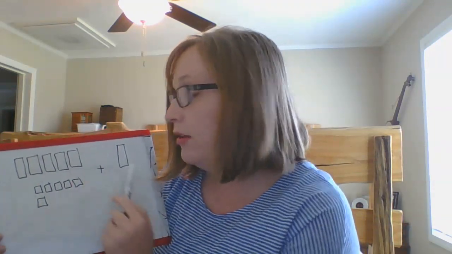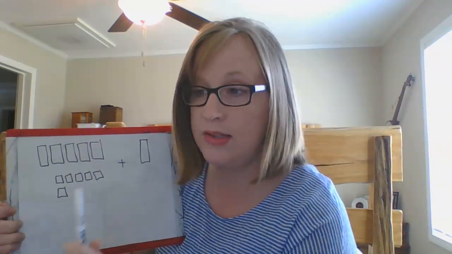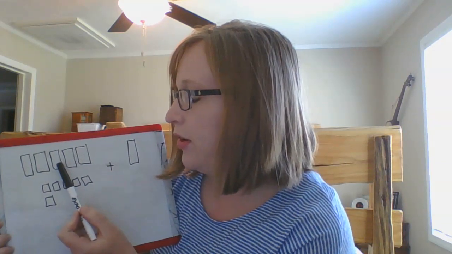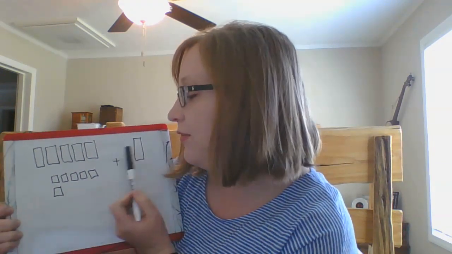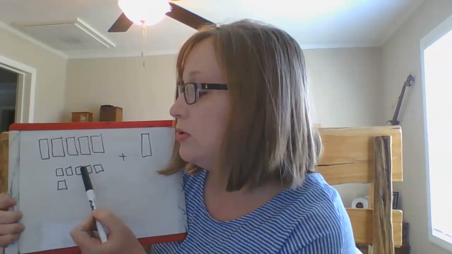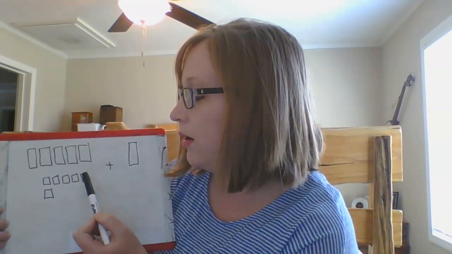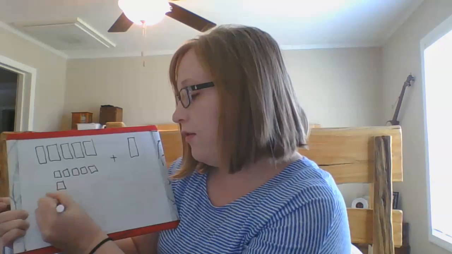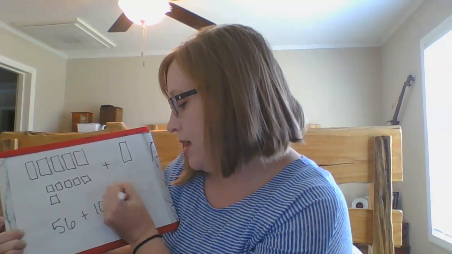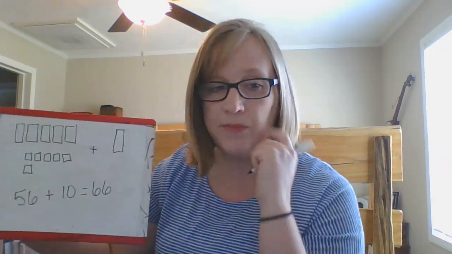So I'm going to count all of my tens, adding this one to it before I count my ones. Let's count together. Ready? 10, 20, 30, 40, 50, 60, 61, 62, 63, 64, 65, 66. So 56 plus 10 equals 66.